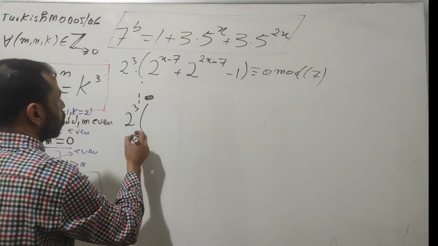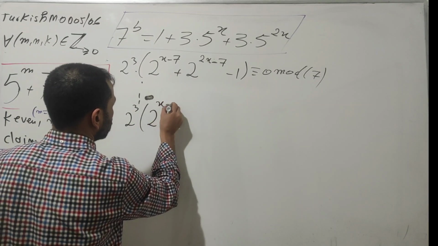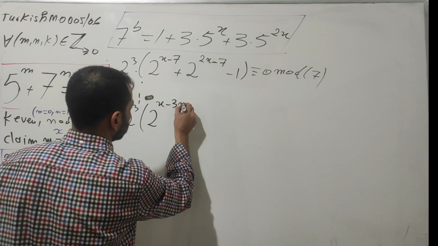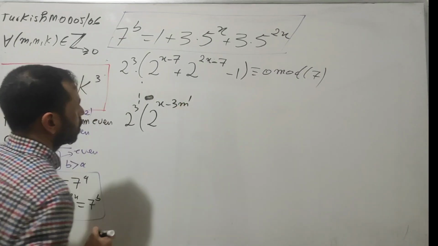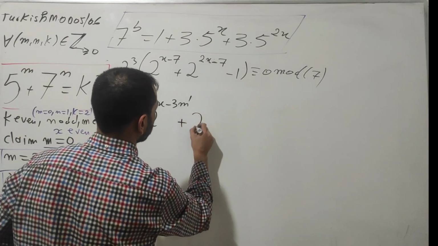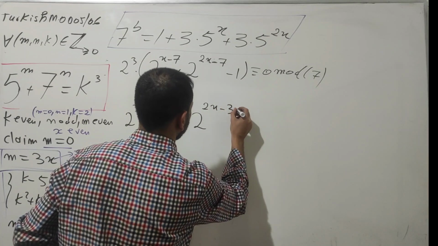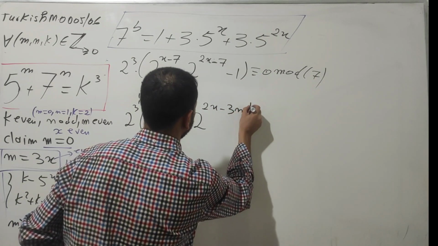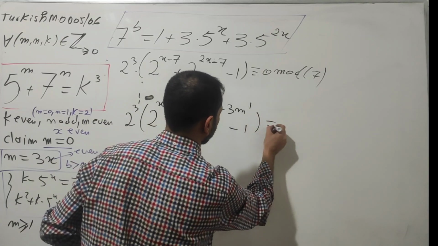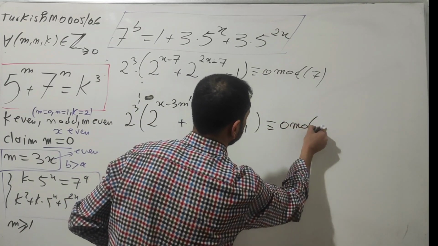So this is going to go all the way down to 2 to the x minus 3m prime plus 2 to the 2x minus 3m prime, let's call it m prime here, minus 1 is congruent to 0 mod 7.